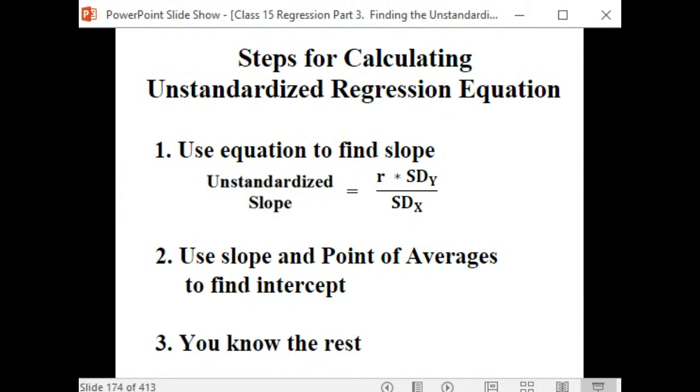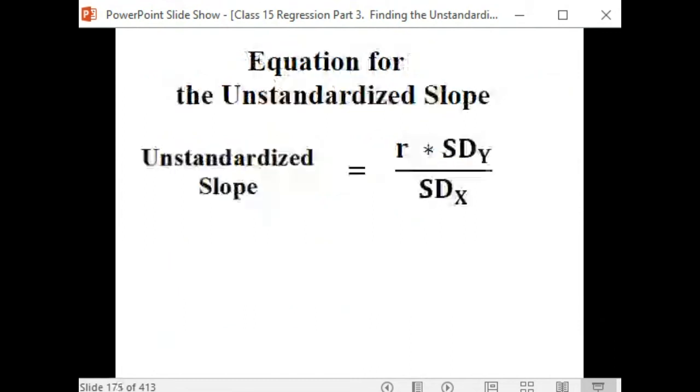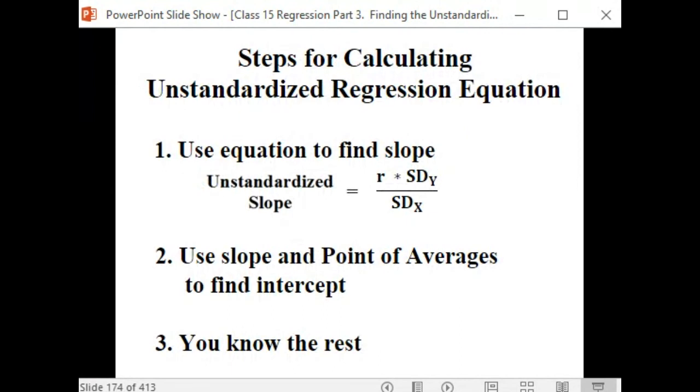And third, well, you know the rest. It's the first 2 steps that are kind of new, but the rest you know how to find the equation for a line once you have the slope and the intercept.